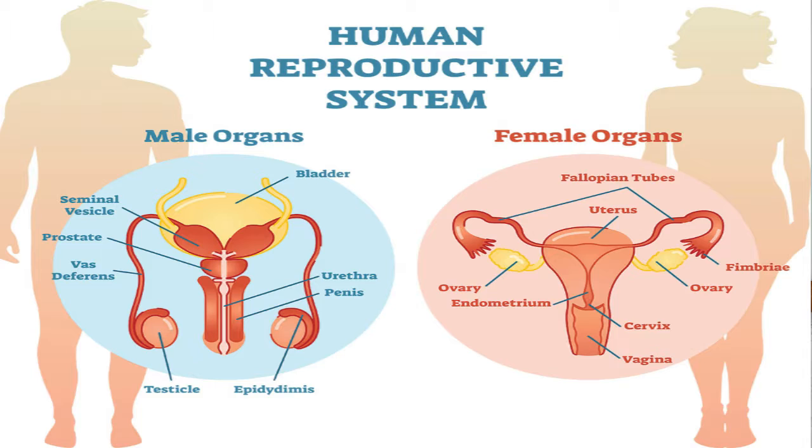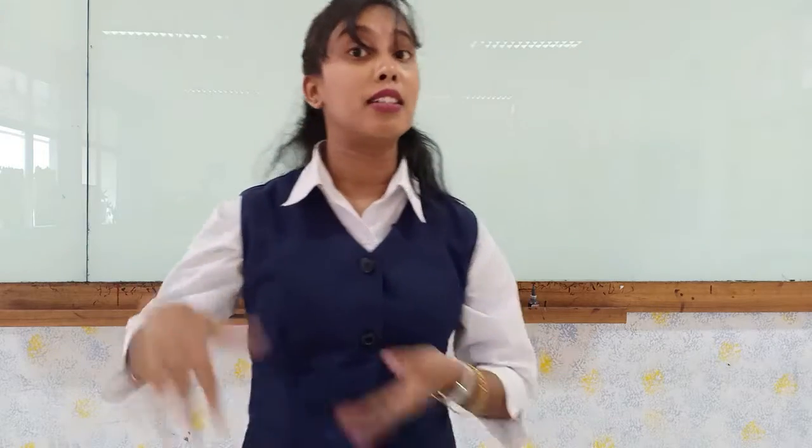In order to carry out sexual reproduction, males must have a male reproductive system and females must have a female reproductive system. Remember, sexual reproduction always involves an adult male and an adult female.